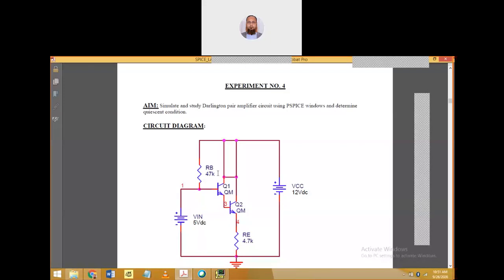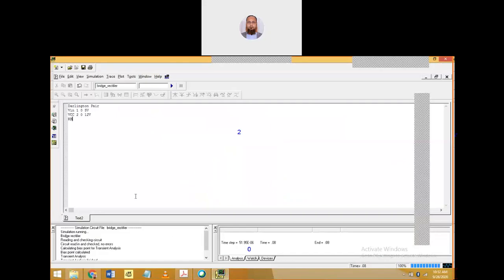Let's write the resistances. One resistance is RB, connected between 1 and 2. Don't forget this node is 2 and this node is 0. I forgot to say the value: RB is 47K.